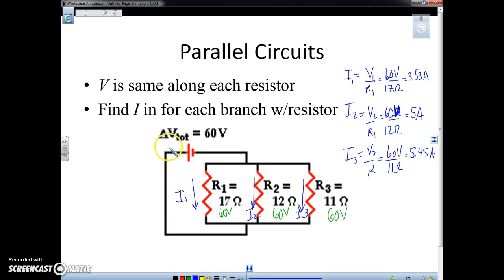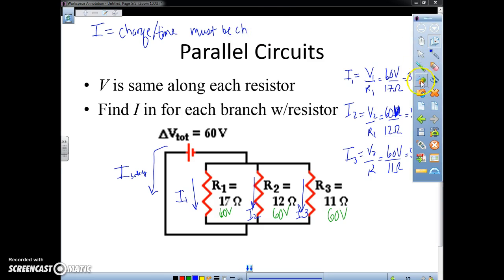And we should find that due to conservation of charge, now I say conservation of charge because remember, current is our charge in our system, right? Charge per time. Charge must be conserved.